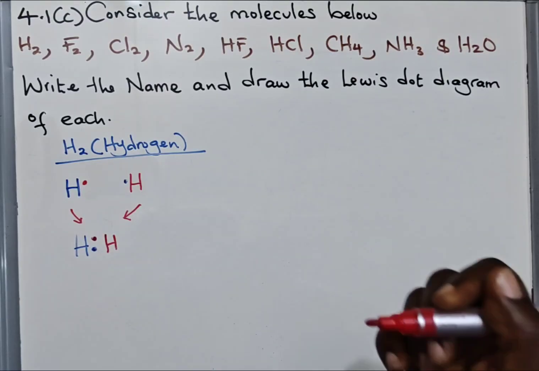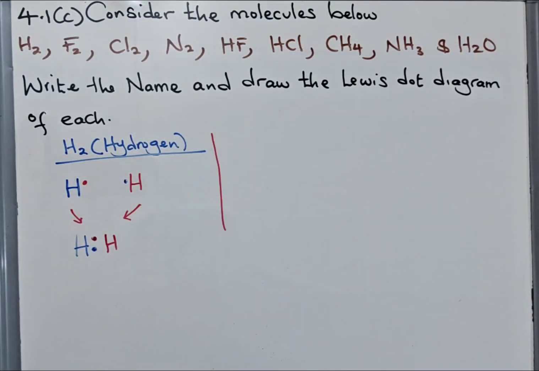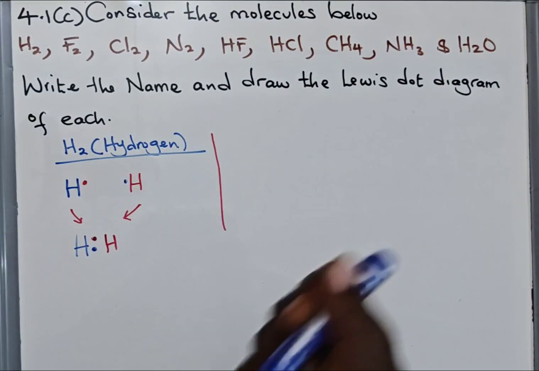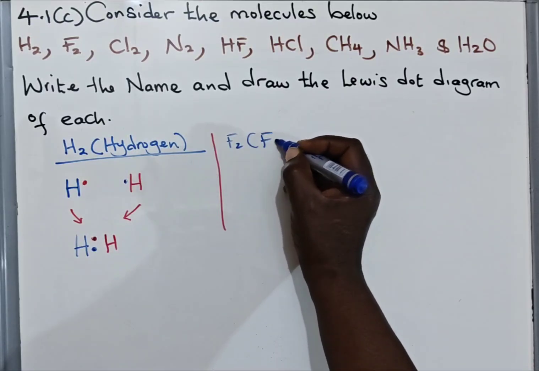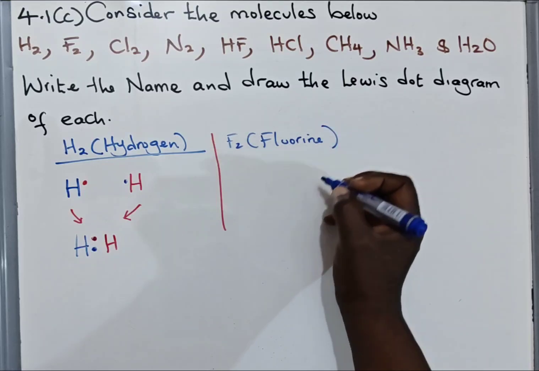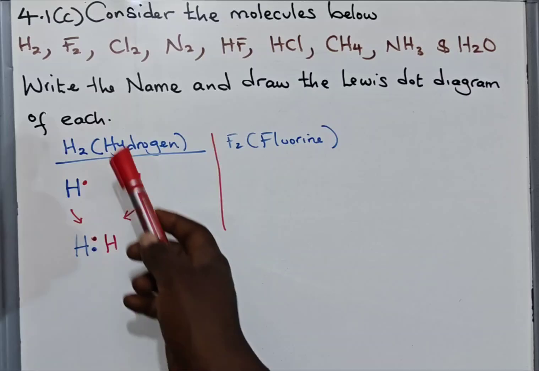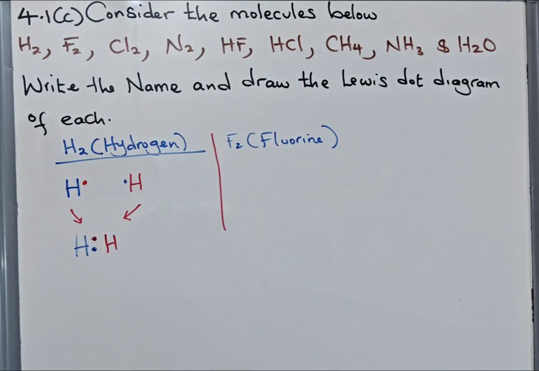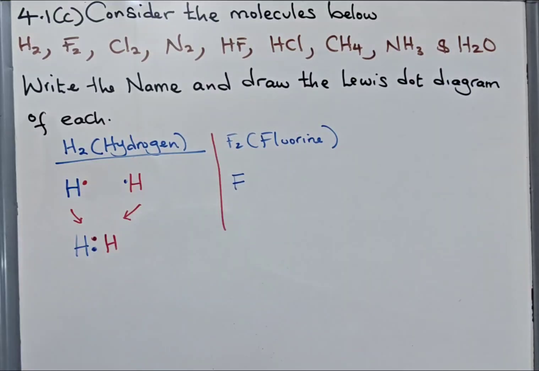Next is a fluorine molecule. F2 is a fluorine molecule. You have to know that it is made up of two fluorine atoms bonded together.